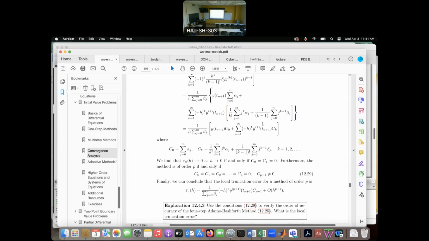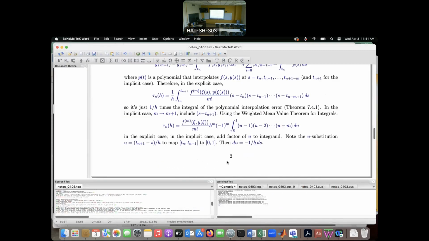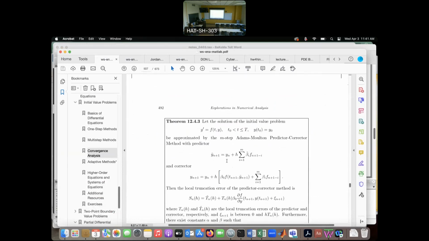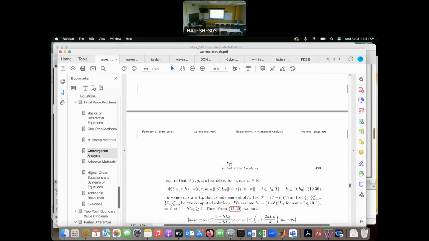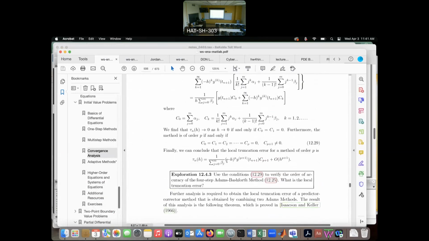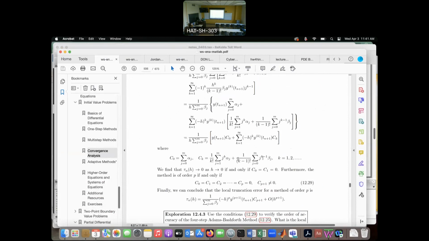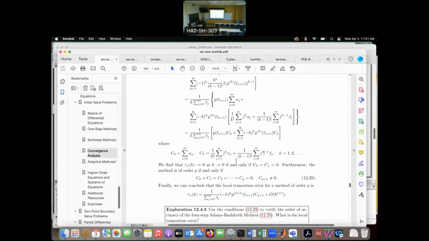Okay. So, I thought I put some examples here, but no, I don't. But if you look up, for instance, Adams methods, like on Wikipedia, it probably has the values of these constants for different numbers of steps.